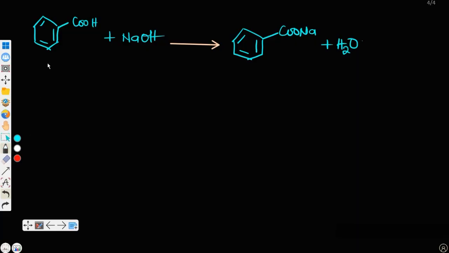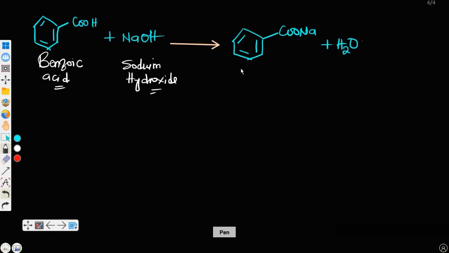It's going to form sodium benzoate plus water. So you can come here and label benzoic acid. That is the salt that was given for that practical. Sodium hydroxide is this. Although the salt was not mentioned, I believe they are going to tell them later, but I think the salt is benzoic acid, since they say draw the structure of benzoic acid, and also that was what was given in the practical.